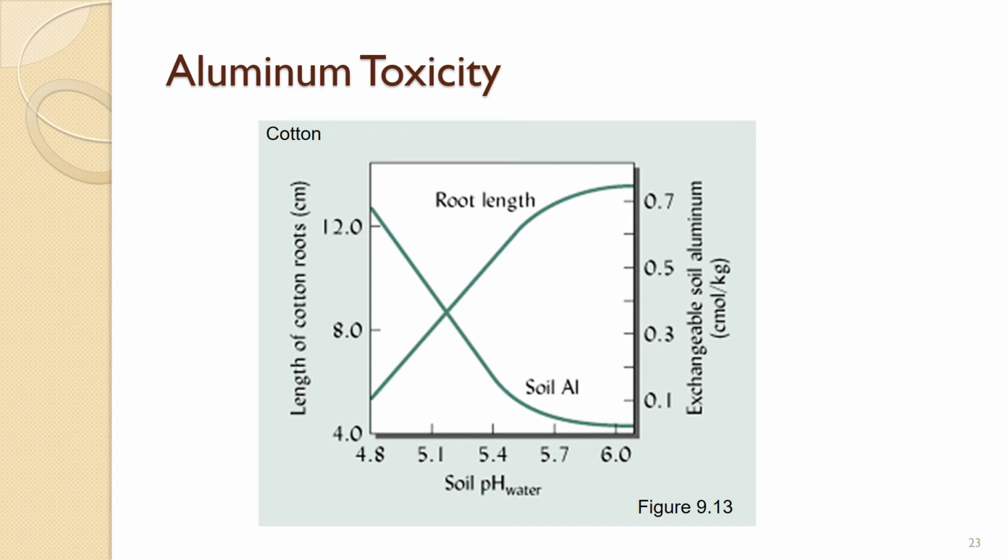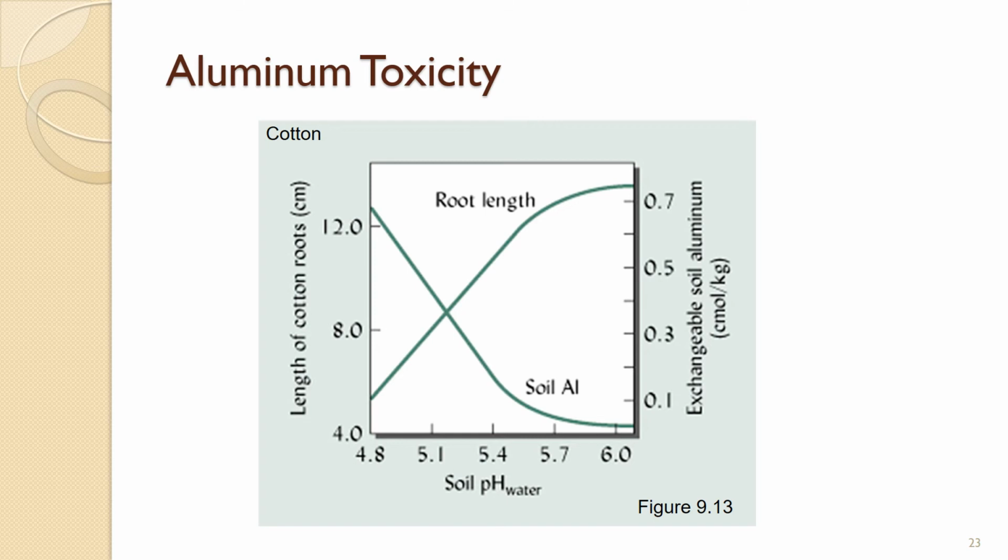There's also this weird thing with pH where we can have toxicities at too low or too high of a pH. So what we see with aluminum is that plant roots are really, really, really small because they're basically getting burned and can't keep growing when aluminum is very high. So the roots of plants grow a lot longer where aluminum is low. And aluminum happens to be one of the things that increases when we have acidic pH.